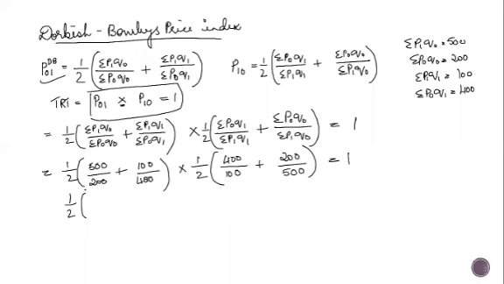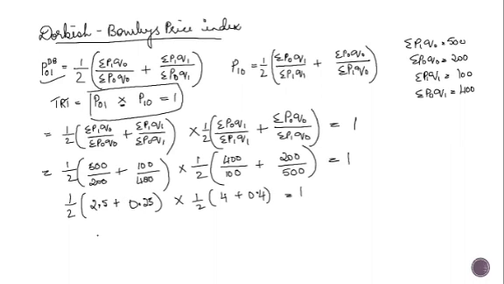Yes, 2.5. Plus 100 divided by 400, 0.25. Into half. 400 divided by 100 will give you 4. Plus 200 divided by 500 will give you 0.4. Is equal to 1.